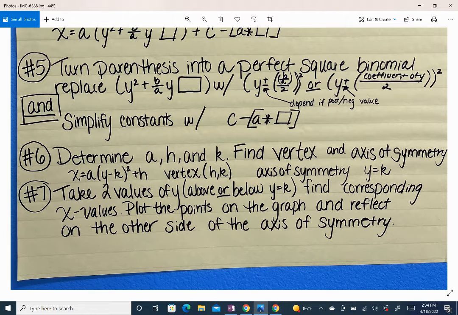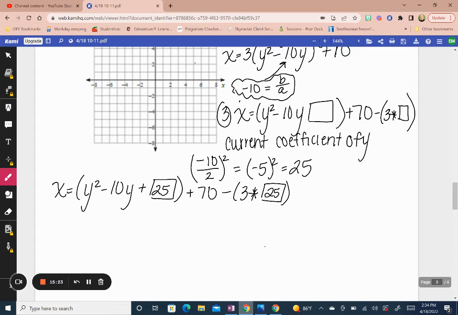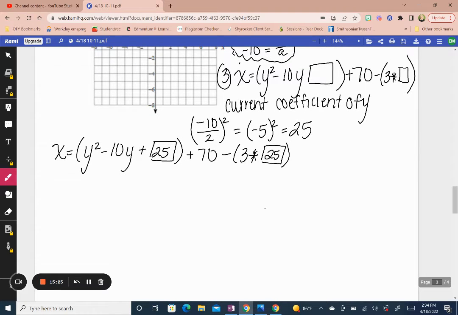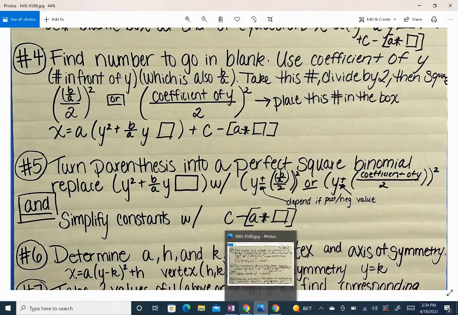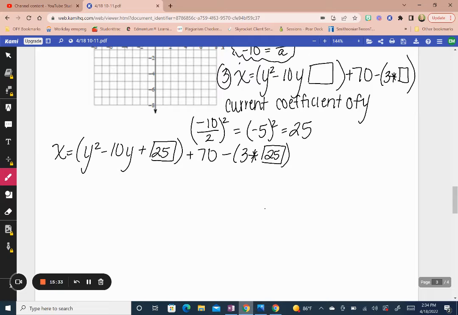Just keep in mind it'd be y plus a number squared or y minus a number squared. And that's our perfect square binomial. Okay? That was number 4, the number to go in the blank. So this would be right here. Step number 4, step number 5.